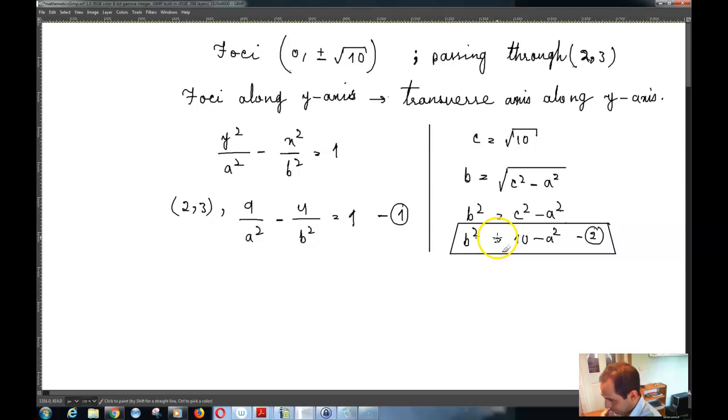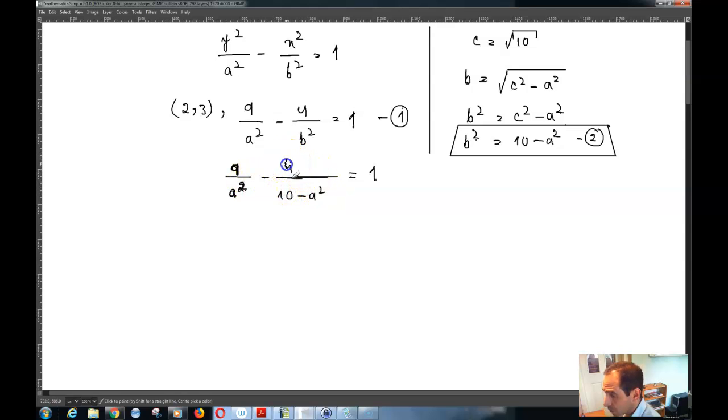And so over here I can write 9 over a squared minus 4 over 10 minus a squared is equal to 1. This is a 9, of course. Sometimes I get confused by my own handwriting.